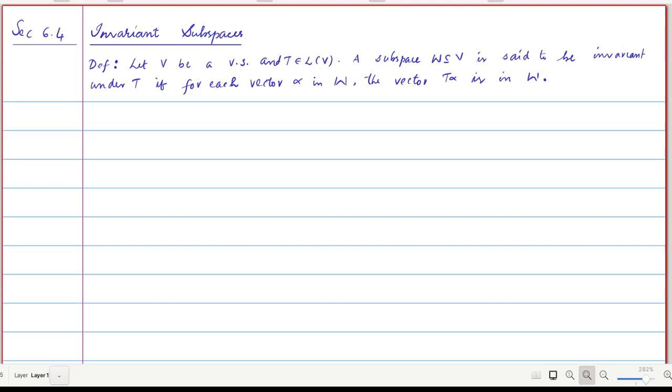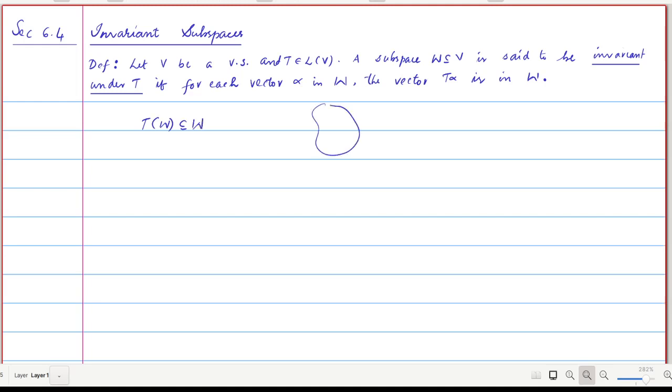A subspace W, a subset of V, is said to be invariant under T if for each vector alpha in W, the vector T alpha is in W. That means if you consider the image set of T of W for the subspace W, this is always contained in W. This is the meaning of the invariant subspace.